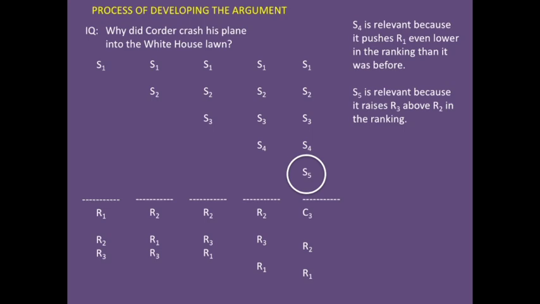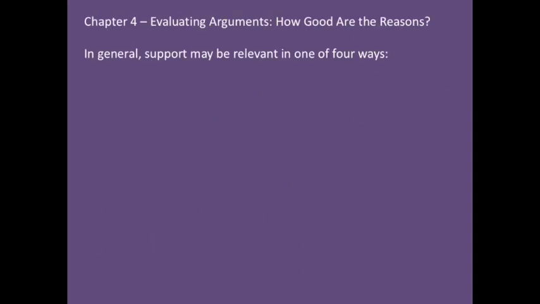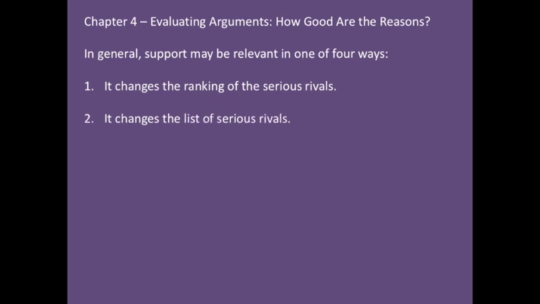At this point, we can summarize the 4 ways in which pieces of support can influence the ranking of the serious rivals. A piece of support can change the ranking of the serious rivals, change the order of the different rivals. It can change the list of serious rivals by adding rivals to the list or removing rivals from the list if they're not compatible with the support any longer.